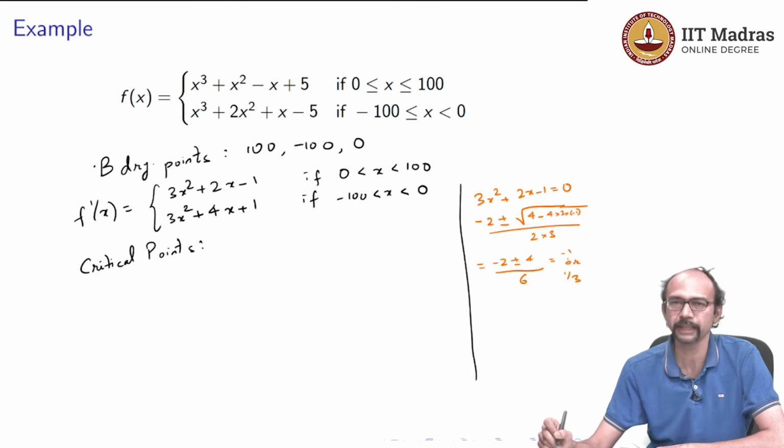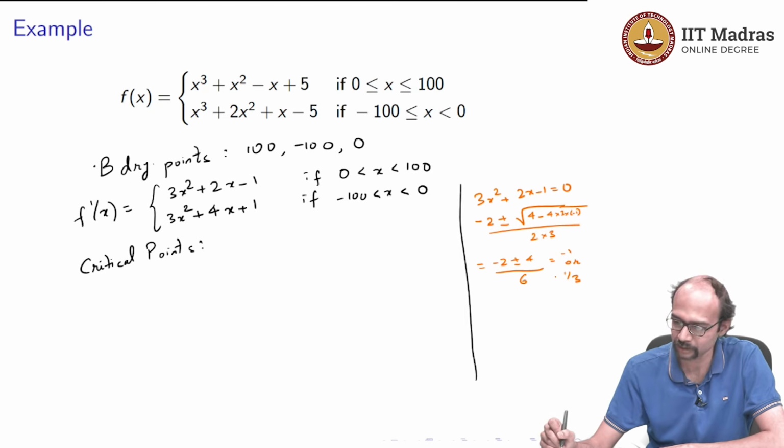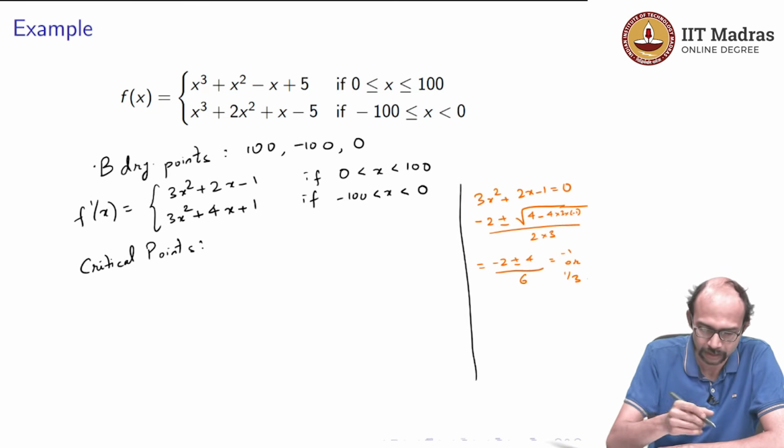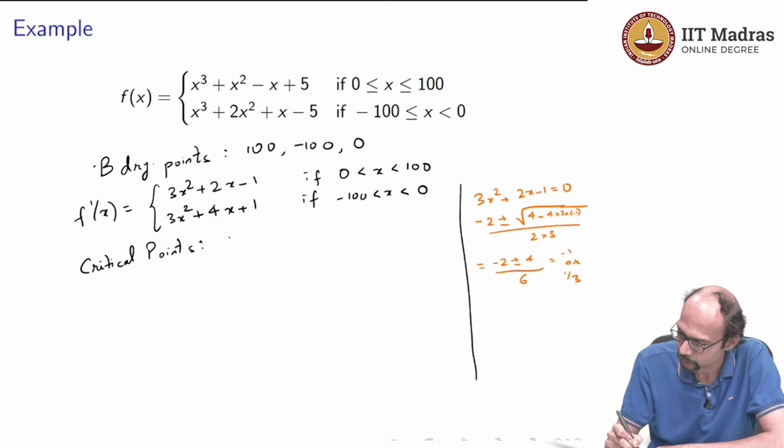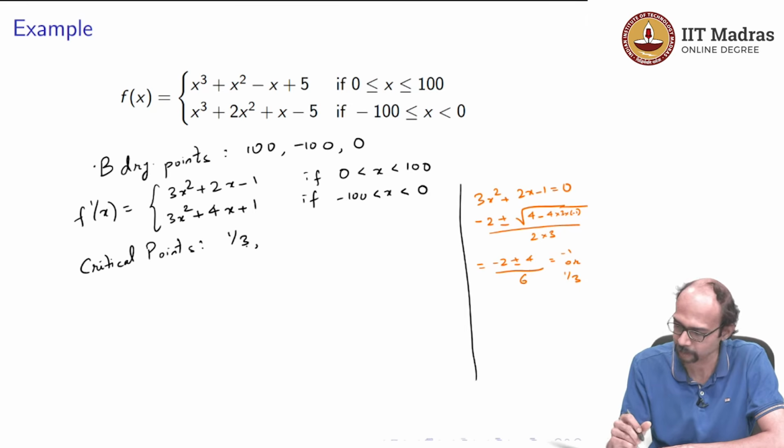But as you can see, minus 1 is not in the interval 0 to 100, so I should not take that as a critical point. So one of the critical points is 1/3, coming from the first part.